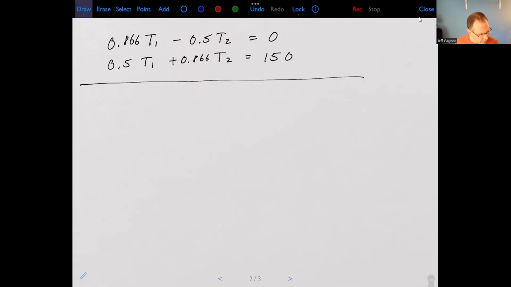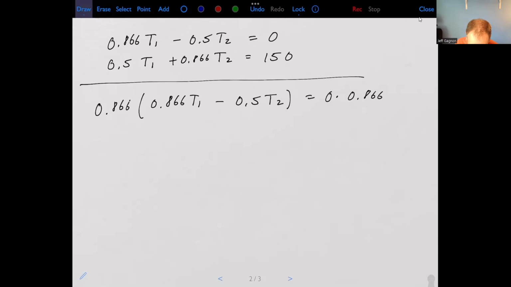But you can't just multiply part of the equation by 0.866. I have to multiply the entire first equation by 0.866. So let's do that right here. I'm going to multiply 0.866 by this entire equation. And remember, you have to multiply both sides by 0.866, so don't forget the right-hand side.